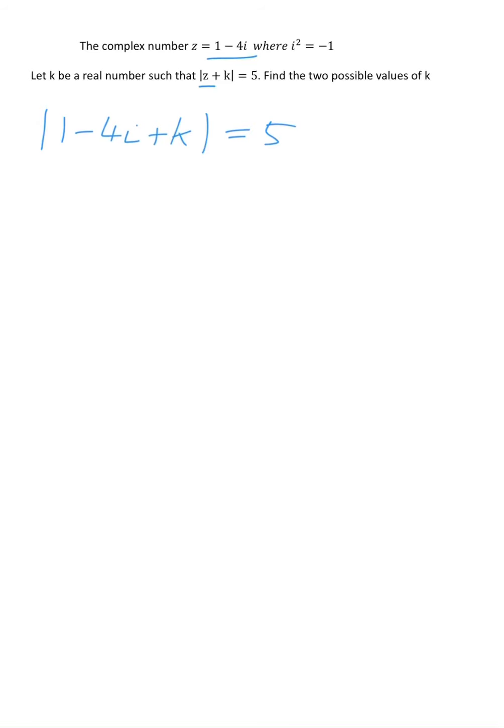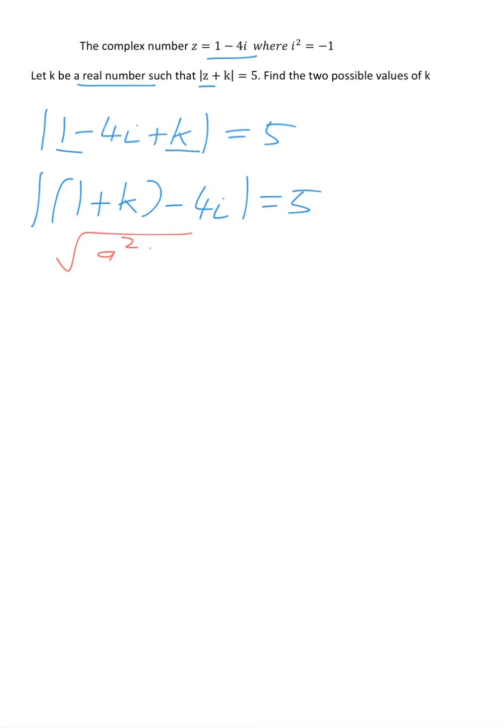Now, I was told that k is a real number, so I will have 1 plus k, just grouping the k and the 1 together, then minus 4i is equal to 5. For the modulus, it's a squared plus b squared, and in this one my a value will be 1 plus k. So I'll have the square root of 1 plus k squared plus minus 4 squared equal to 5.